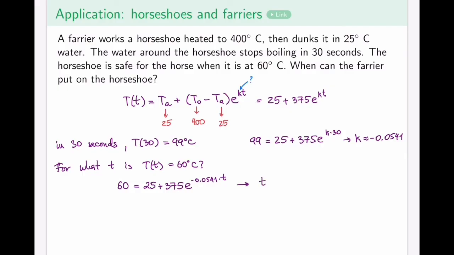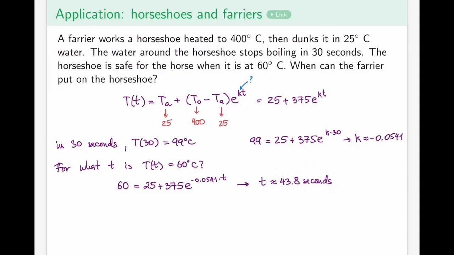I'm also going to skip the steps here, and t will work out to be approximately 43.8. This is time. Be careful with units, it says seconds here, so our time all along was in seconds. So the horseshoe will cool down to 60 degrees Celsius, and therefore be able to be put on the horse, in 43.8 seconds.